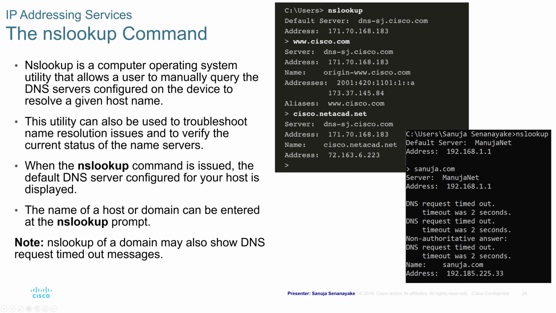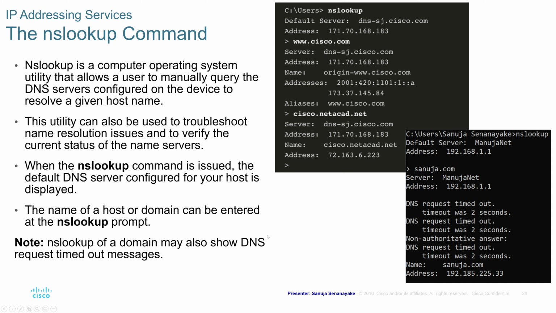However, NSLOOKUP for a domain may also show DNS request timeout messages, which is not shown here. The NSLOOKUP here on the bottom right hand corner is showing exactly those timeout messages.